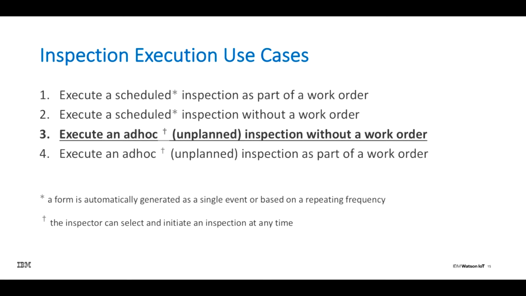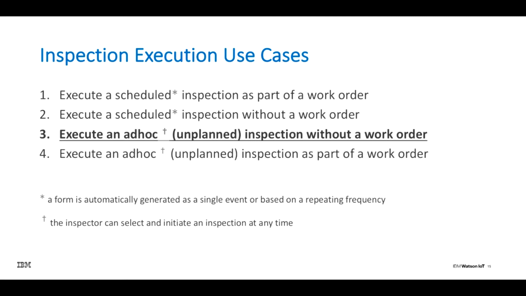And if the inspection wasn't planned but I want to report something, I can select a particular asset or location and report that. Once again, for this first drop, the only scenario that we are addressing is scenario number 3. The other ones we are targeting for a future release.